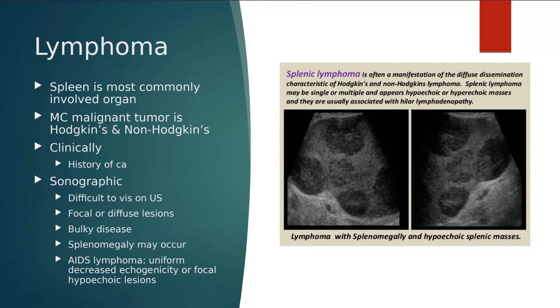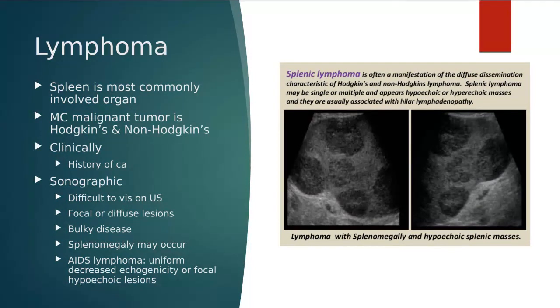Clinically, a patient who has a history of cancer of some other type can have a higher risk of lymphoma in the future. On ultrasound, it's going to be difficult for us to visualize until it's pretty severe. Once we've reached the later stages, we're going to start to see those lesions occurring in the spleen. The spleen is going to become a little bit enlarged.